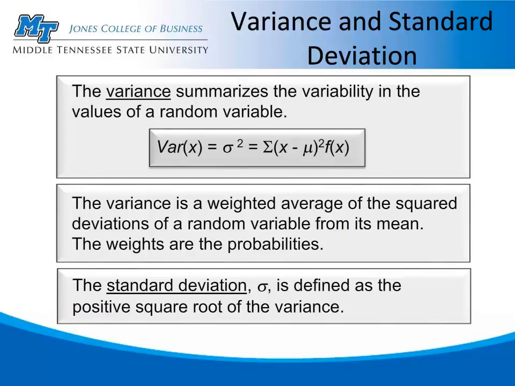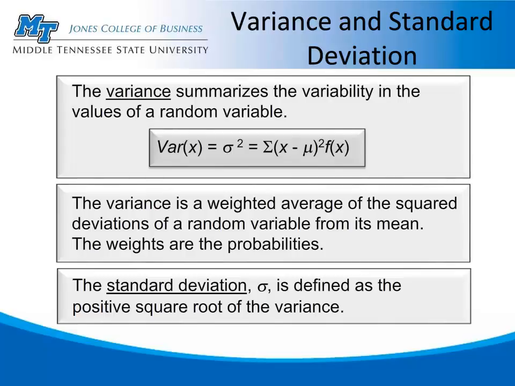You assume that each value in the population is equally likely, so the formula for the probability would be 1 divided by the number of items in the population, which the symbol we use for that is capital N. So the f of x would be 1 divided by capital N. So you're taking the sum of the squares of the deviations from the mean and you're dividing it by capital N. And that's just the formula for the variance of a population.